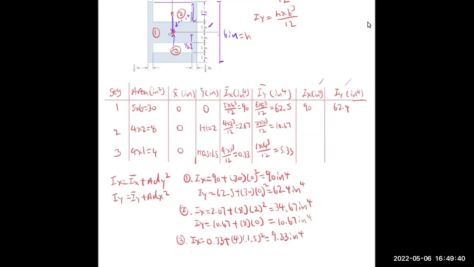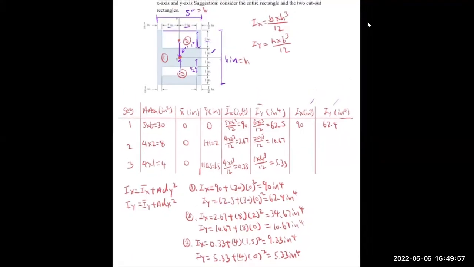And then for Iy, that would be 5.33 plus the area multiplied by 0 squared. We're going to get 5.33. Okay, let me fill in this table.